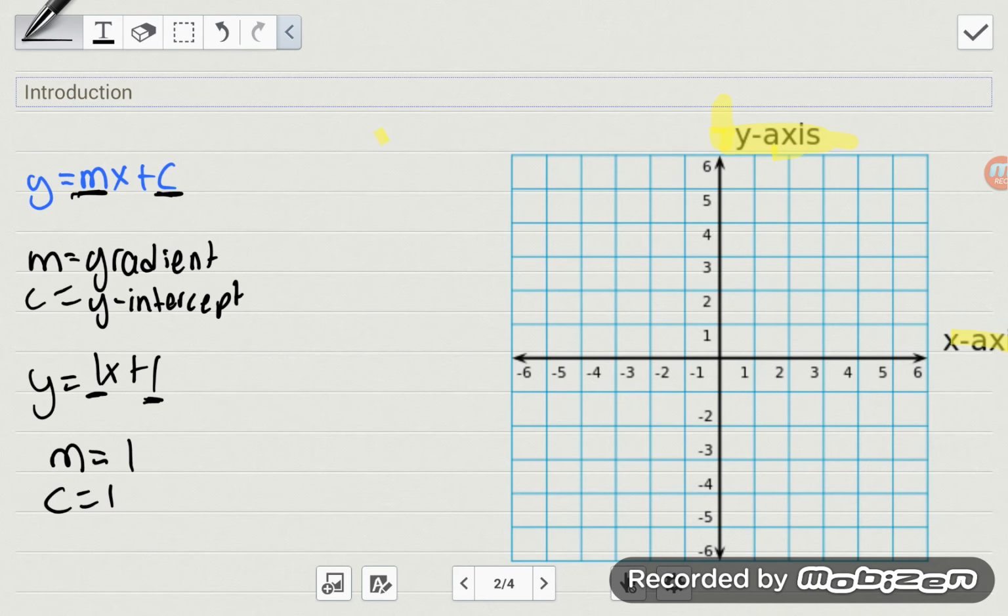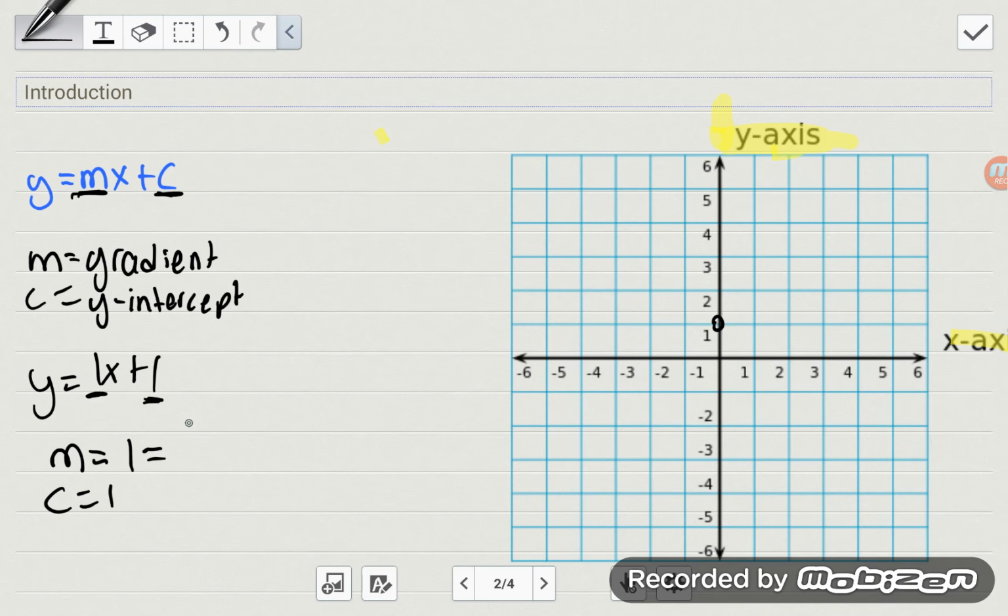First we need to start off with our c. These are the two things we need to solve to sketch our line. Fairly simple. Where on the vertical line is c? 1 is over here. Simple. So we plot our point.